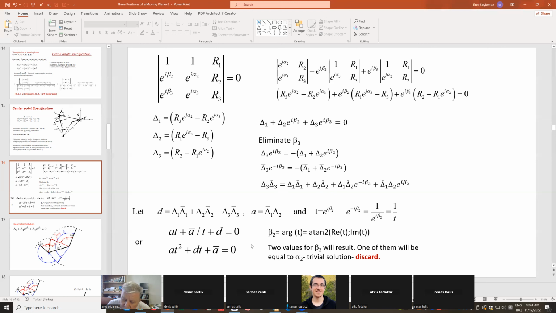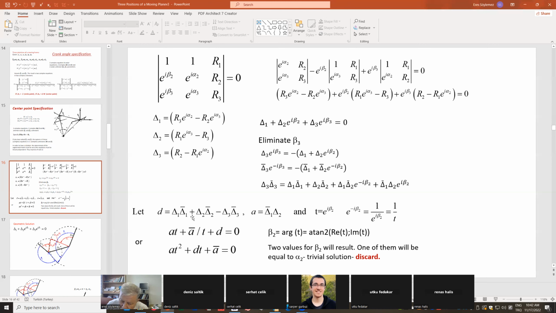Now, the terms delta 1 bar, delta 2 bar, delta 3 bar, all these terms: if you multiply a complex number with its complex conjugate, a plus ib times a minus ib, you will end up with a squared plus b squared, which is a real term. Is that agreed?